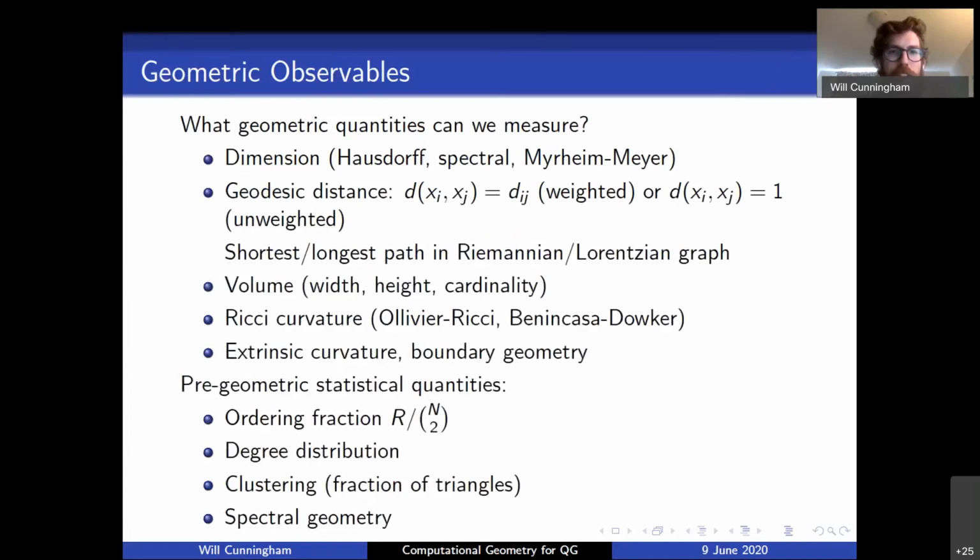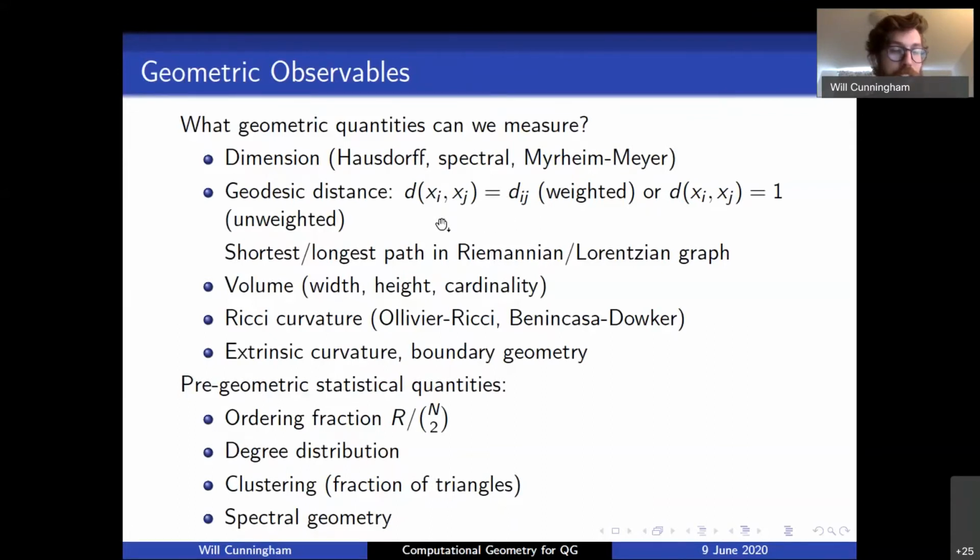There are, in fact, a lot of geometric quantities that we're able to measure. For instance, the dimension has a handful of estimators that we'll look at. We can look at the geodesic distance using either weighted manifold distances or unweighted distances, as you would see in an unweighted graph where edge lengths are all equal to 1.